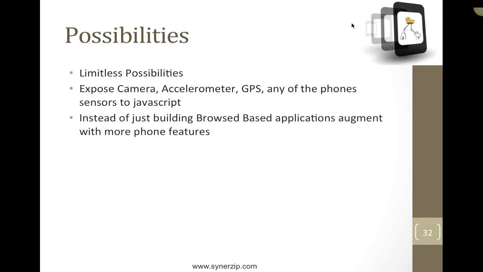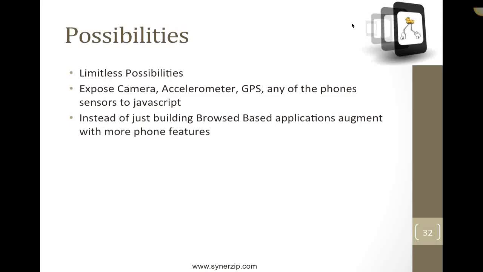So instead of just building a browser-based application, you can augment the application with more phone features. GPS is just one of them. I could build an application which can take a photograph. This application is a JavaScript application which takes a photograph, calling a native camera code, and then uploads the photograph on Flickr or on Facebook without you knowing Android code or Objective-C code for iOS.